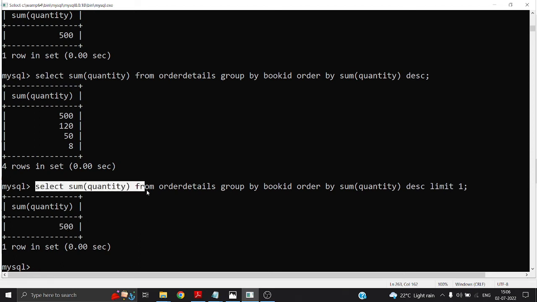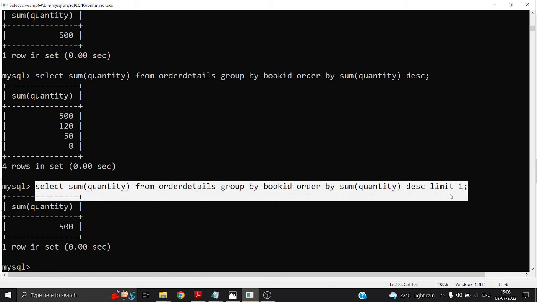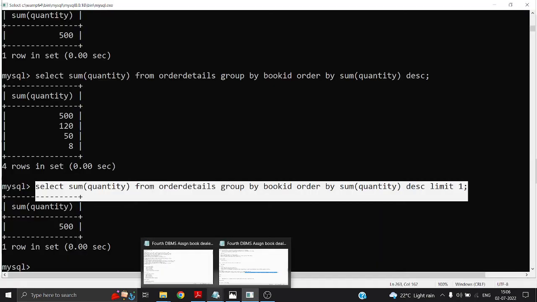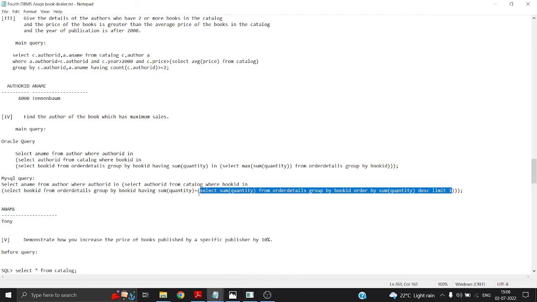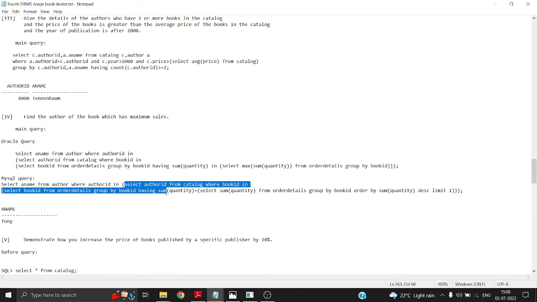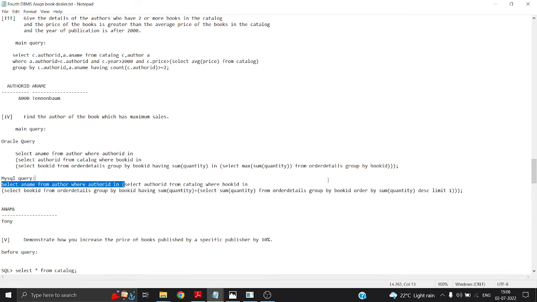That's why this inner query has been written, and this inner query will give the output as 500. This entire inner query is replaced with 500. Then the remaining part of the query, again part by part, we are supposed to execute so that we can get the output.